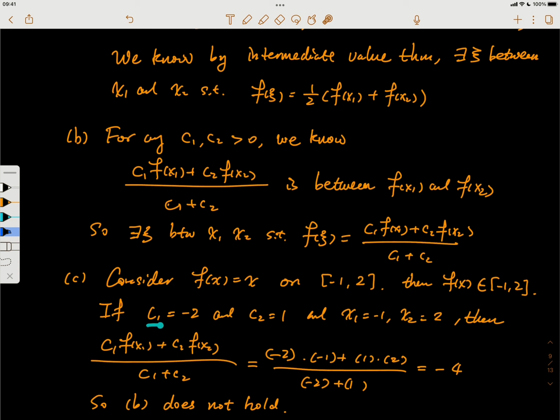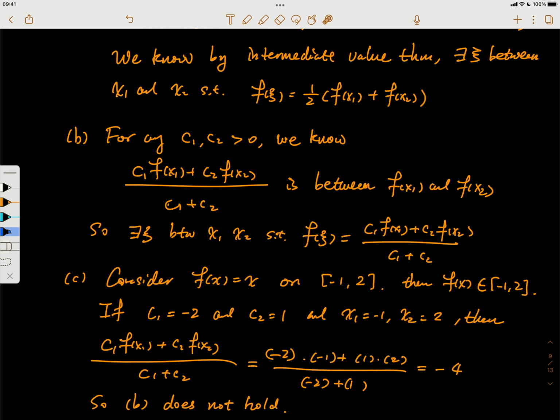Now, if I take c1 to be -2, c2 to be +1, and x1, x2 are just these two endpoints here, then we can try this value. The c1, c2, as we said, are -2 and 1, and f(x1), f(x2) will be just -1 and 2. Copying down c1, c2 here, you can see that the value is -4.